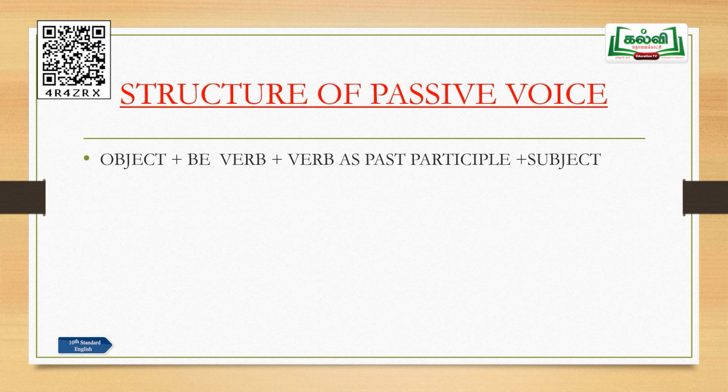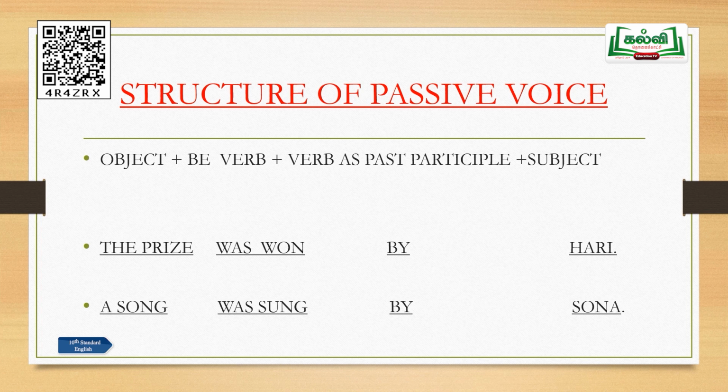Let's look at some examples. The prize was won by Hari. The prize is the object, was won is the verb, by is a word which we have to include in the passive voice, and the subject Hari has come at the end now. A song was sung by Sona. So we see that the object has come in front and the subject has gone at the end. So this is the structure of passive voice.